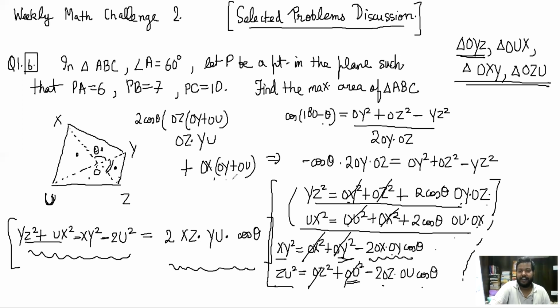So that is again YU. Now between this term and this term, I'll take YU common, and it will be OZ plus OX. OZ plus OX is XZ, the length of the other diagonal. So the overall thing becomes 2 times XZ YU cos theta.